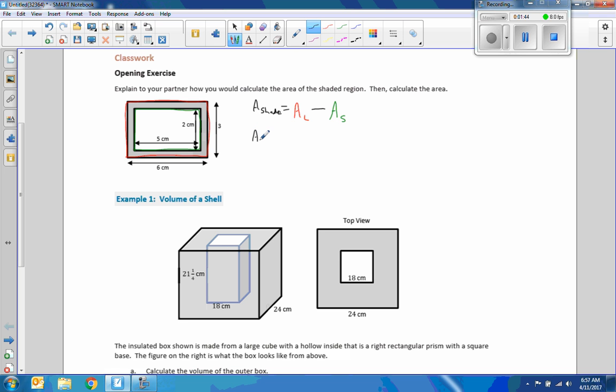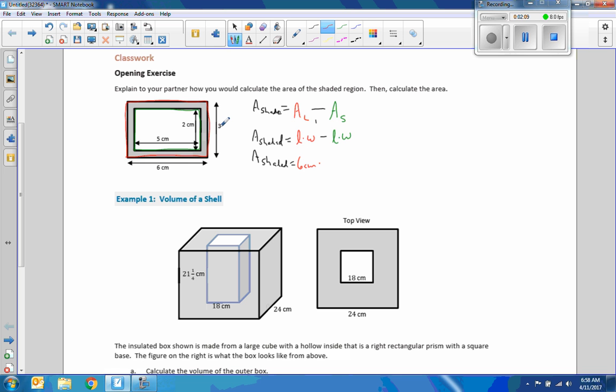Okay, so the area of the shaded region equals length times width minus length times width, the area of a rectangle. Okay, area of the shaded region equals the length of the red is 6 centimeters.